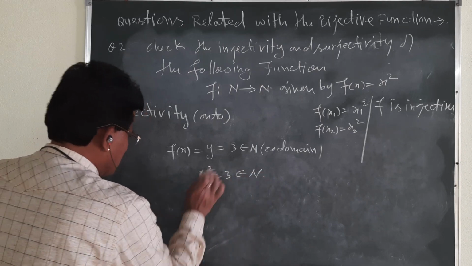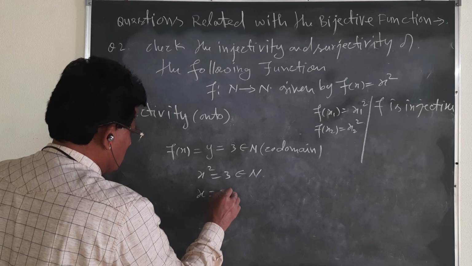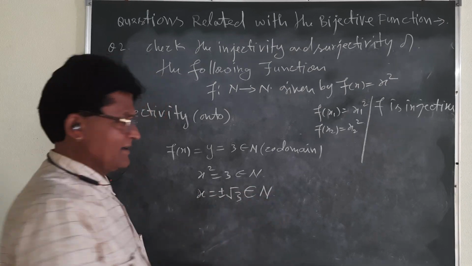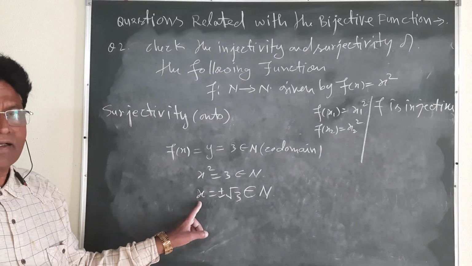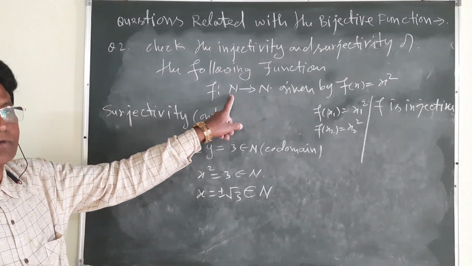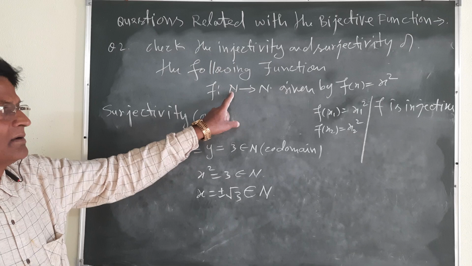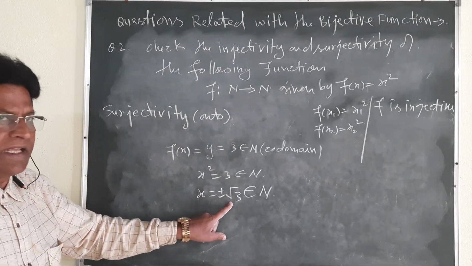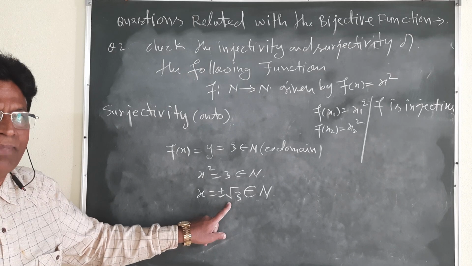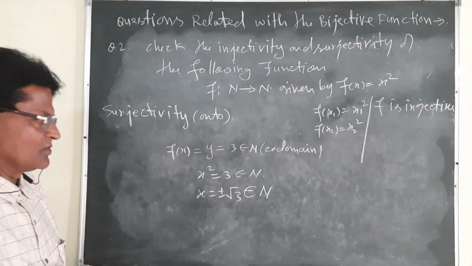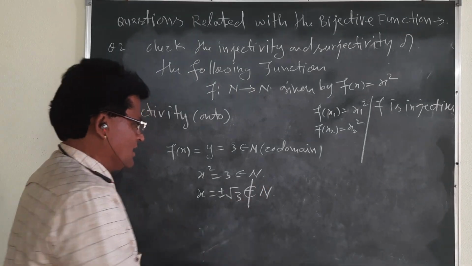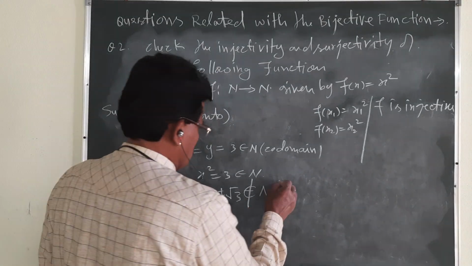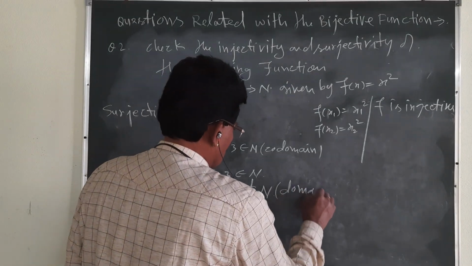But you tell me, my dear student, that x will be equal to plus minus root 3, whether it belongs to N. The value of x, that is a natural number. But root 3 and minus root 3, will these be natural numbers? No, they will not be natural numbers. That is why this does not belong to N, the domain.